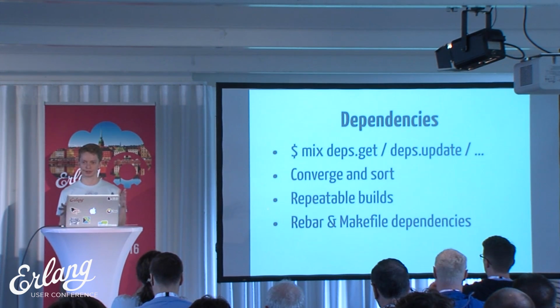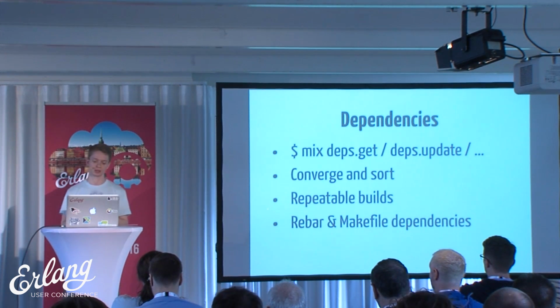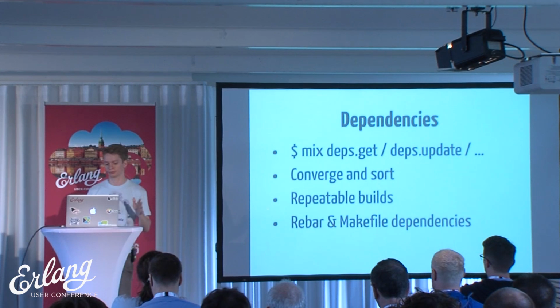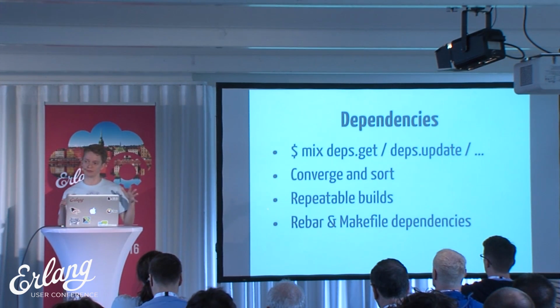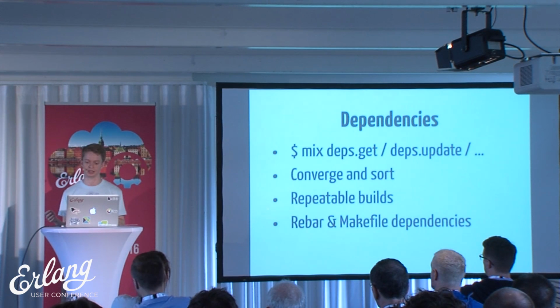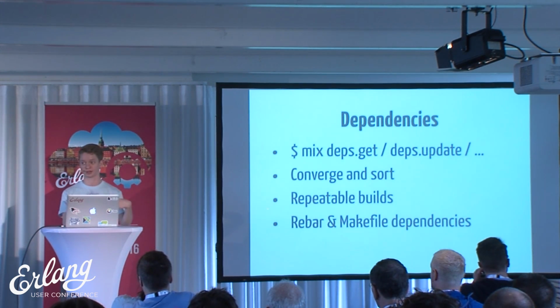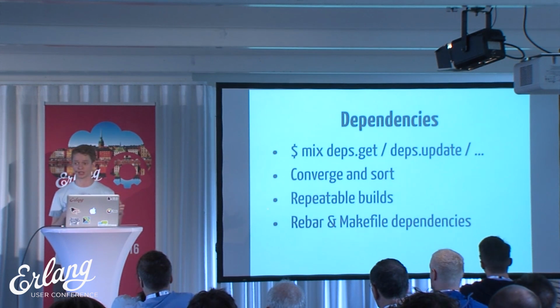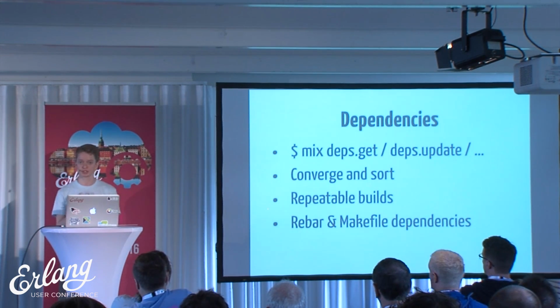And we need to do that because the runtime that we're running inside can only allow one application with the same name. So you can have two dependencies that actually depend on the same dependency. For example, you can have two different dependencies depending on Poolboy, and we need to make sure that they're compatible. And we do that by checking just if we fetch it from the same place.